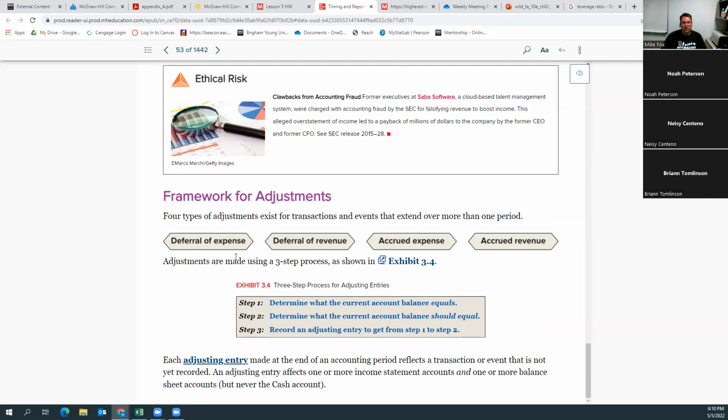To defer means to put something off till later. So when we say we have a deferred expense, this is a situation where we spend money on something, but it's not going to be an expense until later. A good example of that would be something like supplies. When we purchase supplies, rather than just saying supplies expense when we purchase them, instead we record them as an asset called supplies.